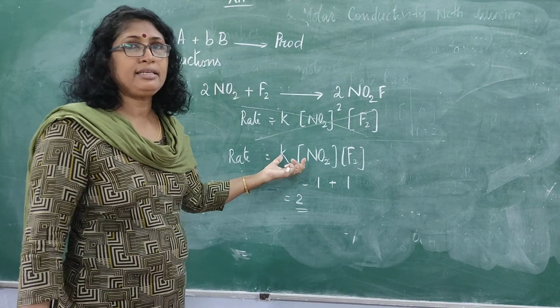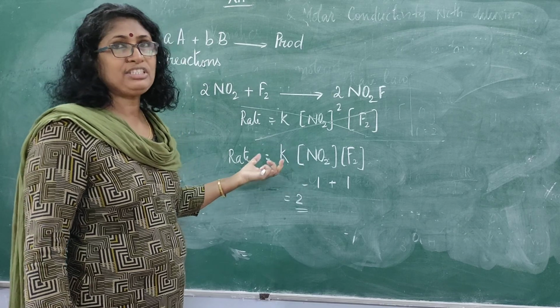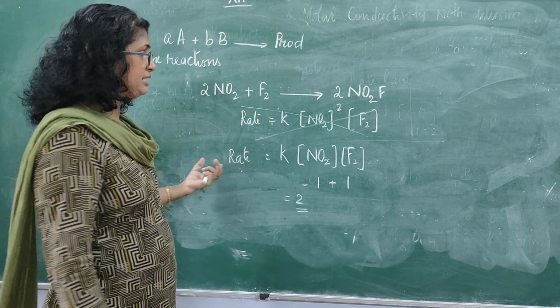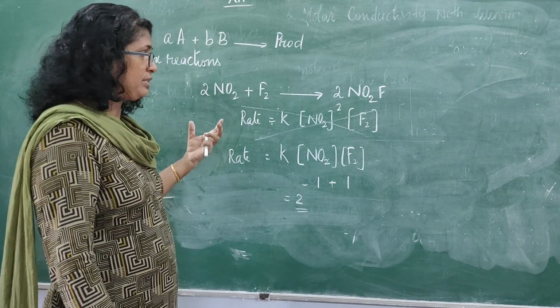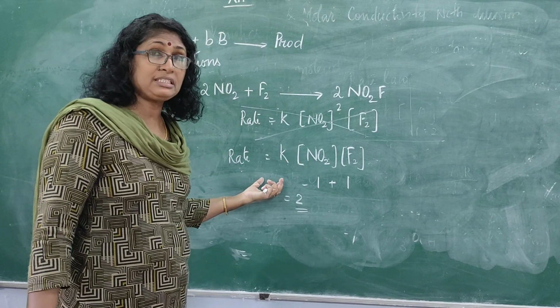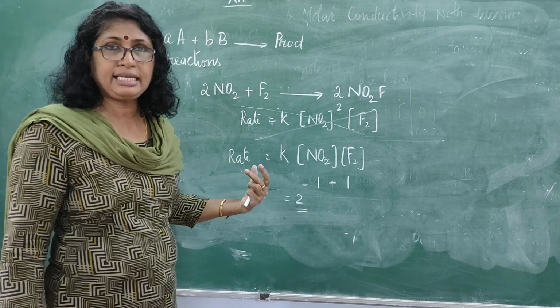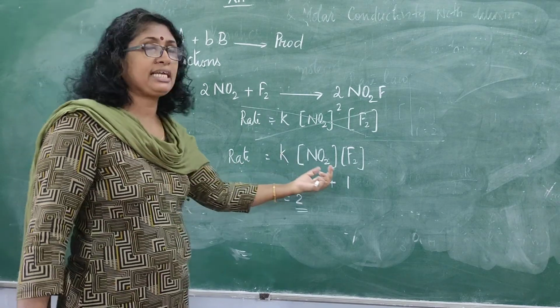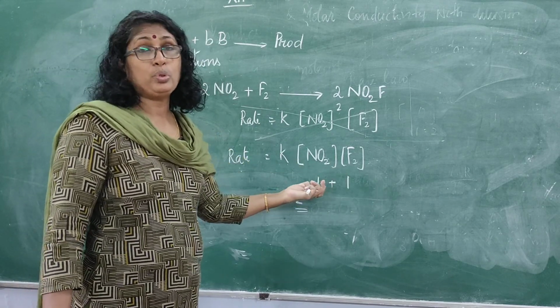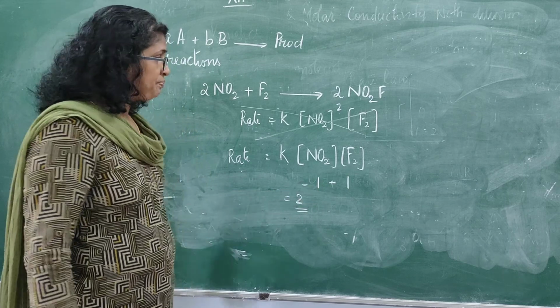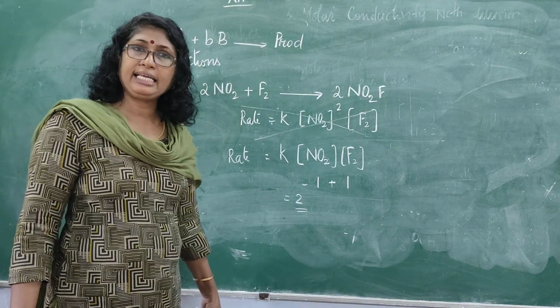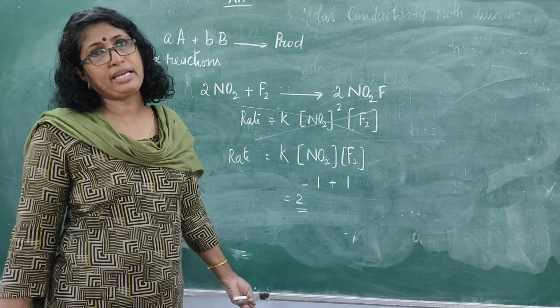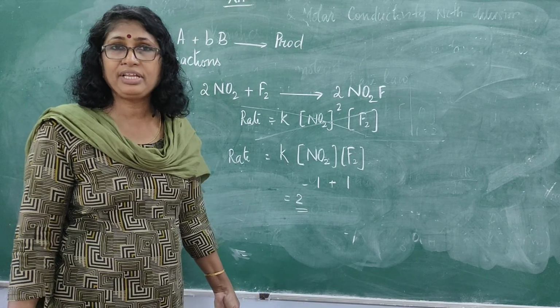Sometimes a reaction is a complex reaction in which the reactions take place in different steps. The step which is the slowest step is taken as the rate determining step, and we take only the concentration of those reactants. Understood? In some cases molecularity can be equal to the order of reaction if it is an elementary reaction.